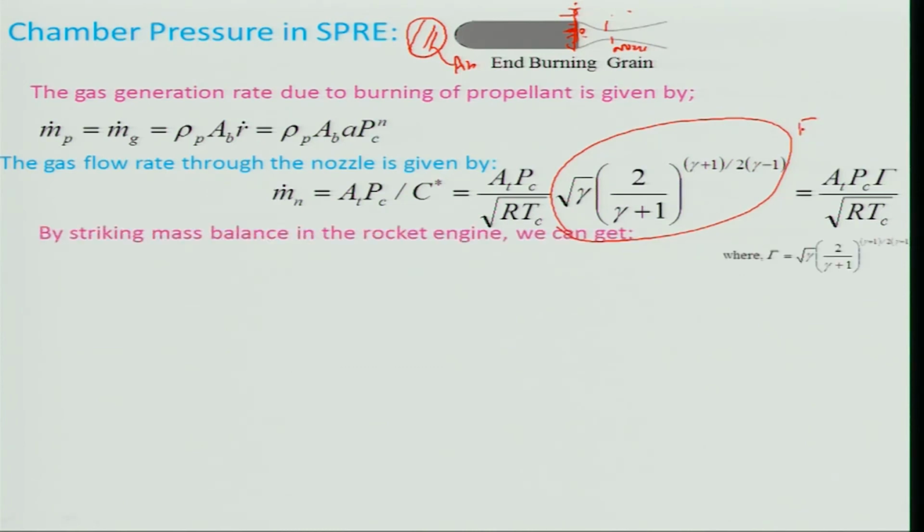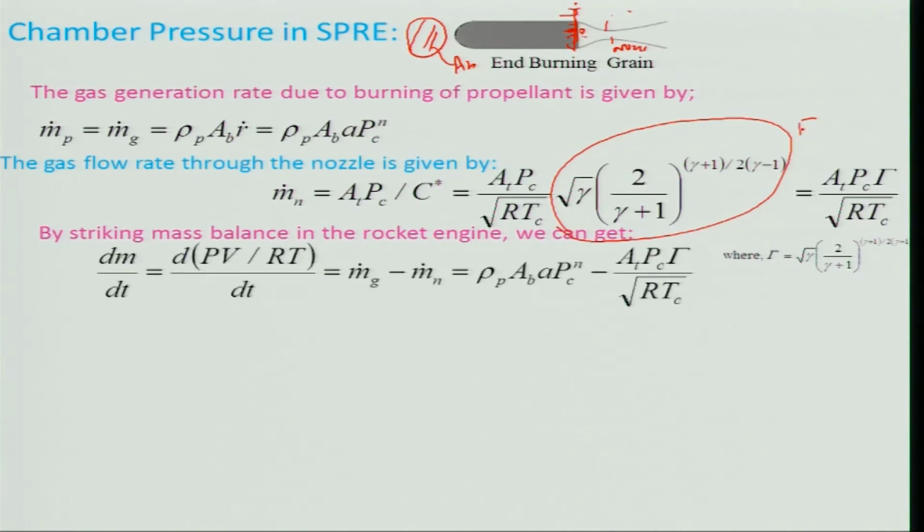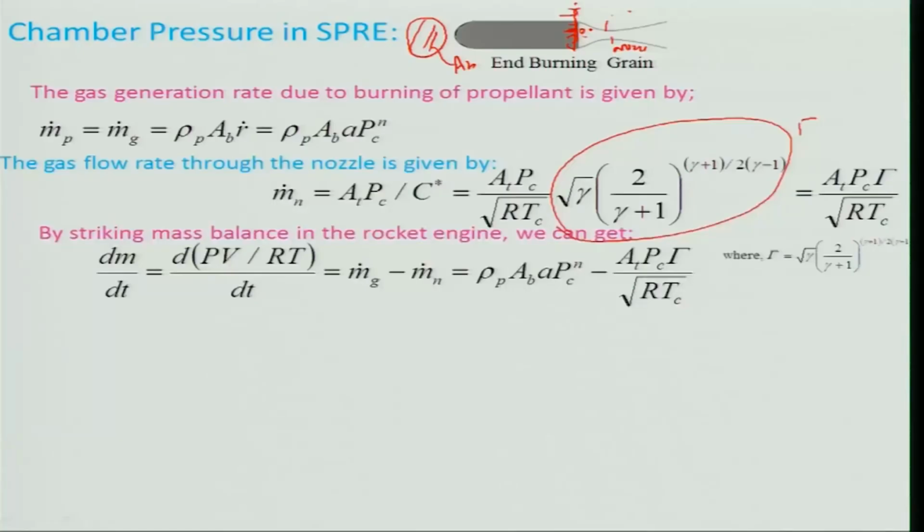So, by striking a mass balance in the rocket engine, we can say that the mass accumulated in the chamber will be the amount of gas being generated due to propellant burning, m dot g, minus the mass going out through the nozzle. That means some of the mass will be accumulated in the combustion chamber with time.